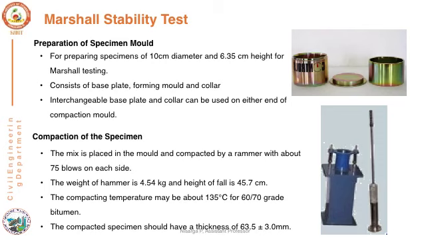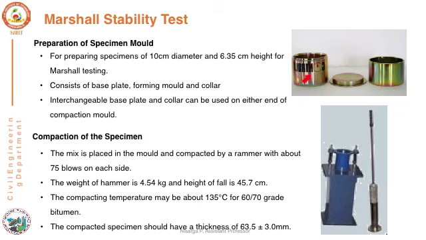Let us first look into how the specimen is prepared for the Marshall stability test. For preparing a specimen, we require a mould of 10 centimeter diameter and 6.5 centimeter height.